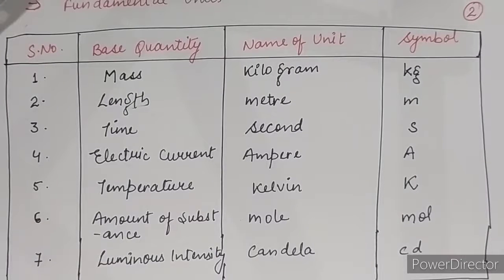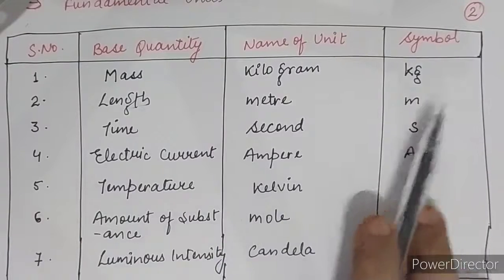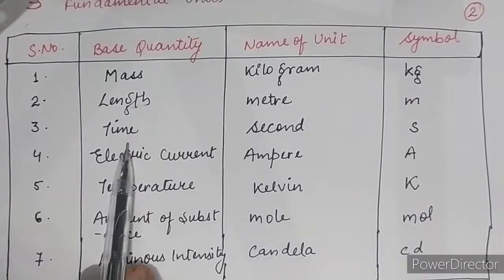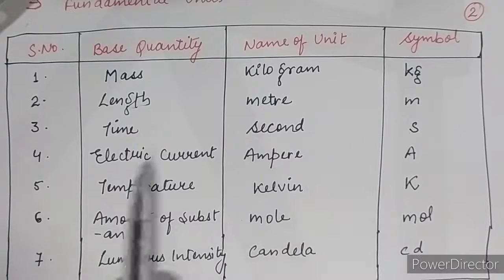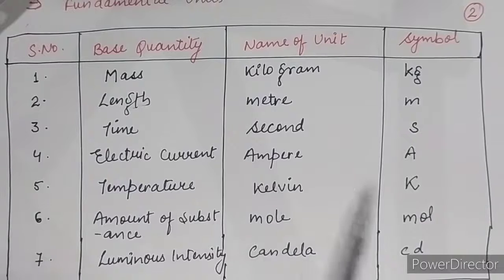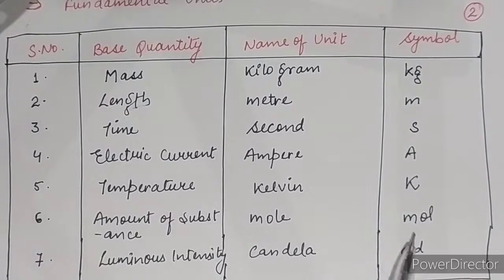Here we have 7 fundamental units: mass kilogram kg, length meter m, time second s, electric current ampere capital A, temperature Kelvin capital K, amount of substance mole mol, luminous intensity candela, denoted by cd. So these are the 7 fundamental units.